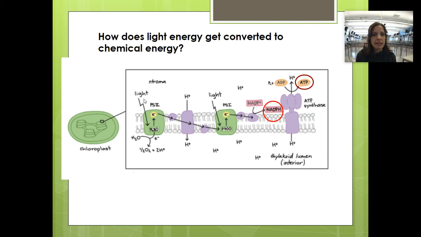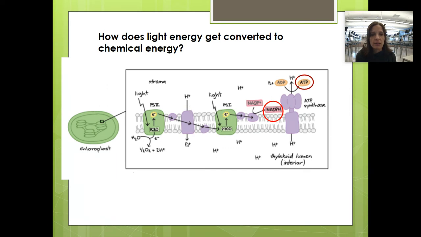So what happens is light comes into photosystem 2 with chlorophyll, and that causes the electron to get boosted to a higher level. Now, when that electron is boosted to a higher level, it's going to go along the electron transport chain. That should sound familiar from cellular respiration. As it goes through the electron transport chain, it pumps hydrogen ions, or protons, into the interior part of the thylakoid, just like in respiration.